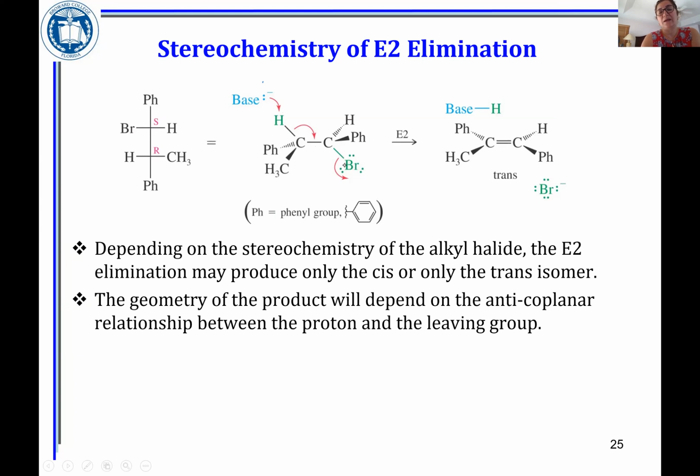What it means is that the base has a negative charge, or is electron rich, because that's what is looking for hydrogen. And the leaving group takes a pair of electrons, so it's going to be negative. So for the base to come in, it's easier to come from the opposite side of the molecule. That is going to yield a trans molecule, okay? So you would get a trans molecule whenever possible, when you have different groups attached to it. So it's called anti-coplanar.